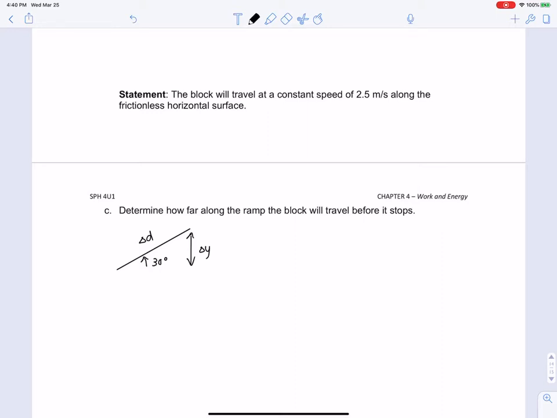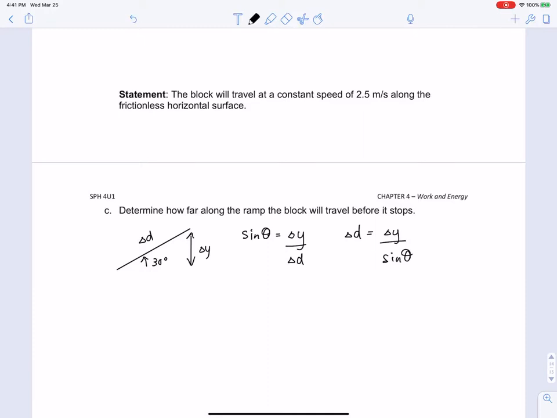We can use the trigonometric ratio, sine theta, which is equal to opposite over hypotenuse. And we can solve for the distance it travels up the ramp by rearranging this equation, so delta d equals delta y over sine theta. Our first job is to find delta y.